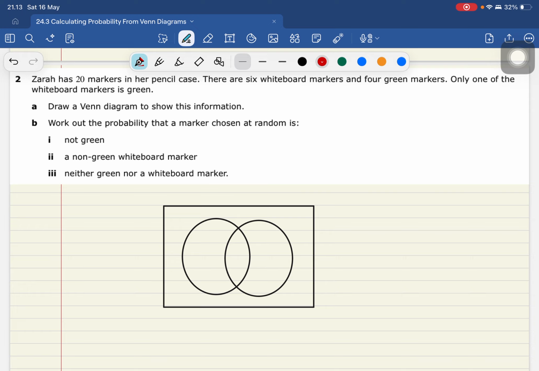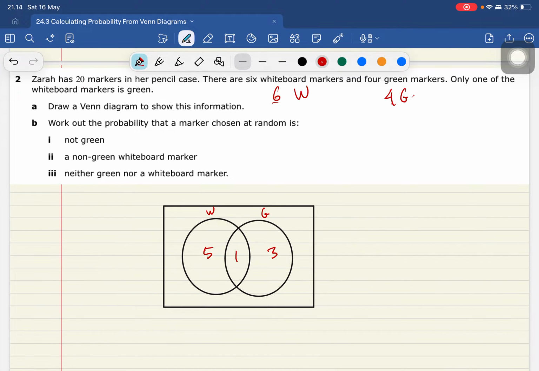So look at the information that we got. We have 6 whiteboard and 4 green markers. Only one of the whiteboard markers is green. So only one from whiteboard is green. The remaining whiteboard, we got 6, we minus 1, so this is 5. And then 4, we minus 1, only green, so this is 3.